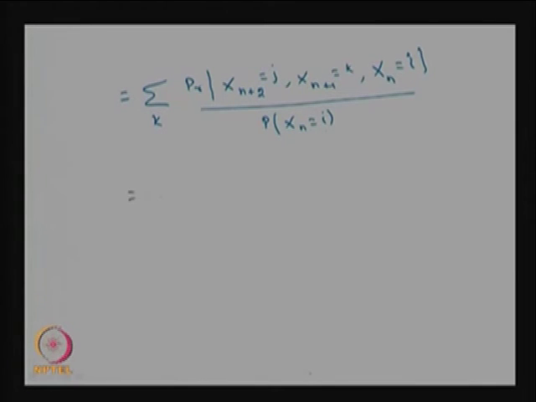The numerator is the joint distribution of these 3 random variables.